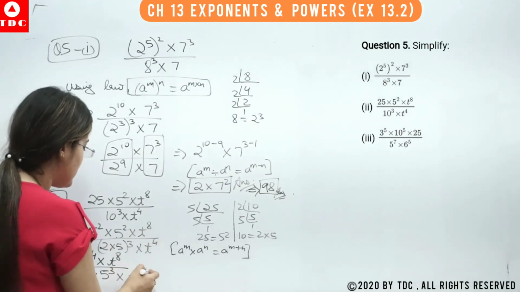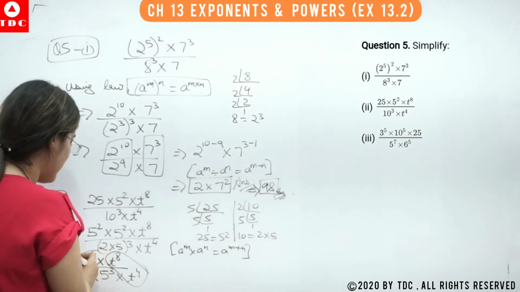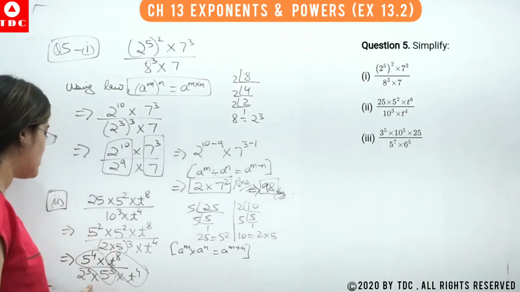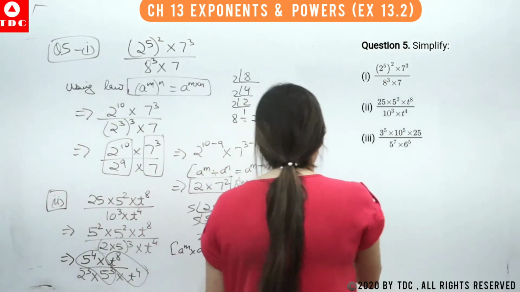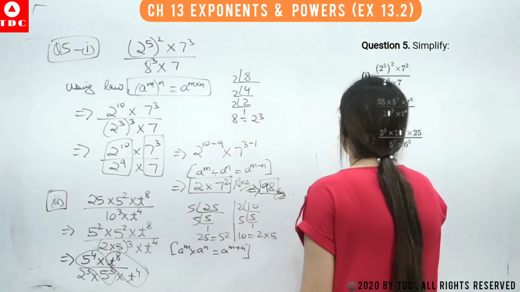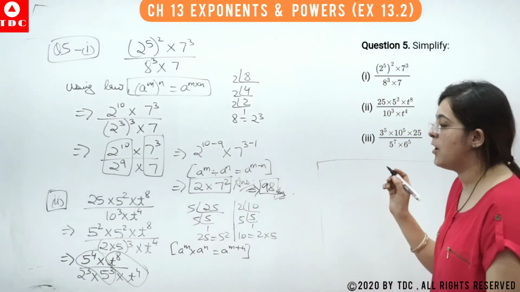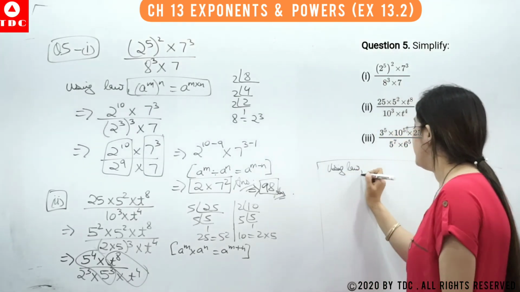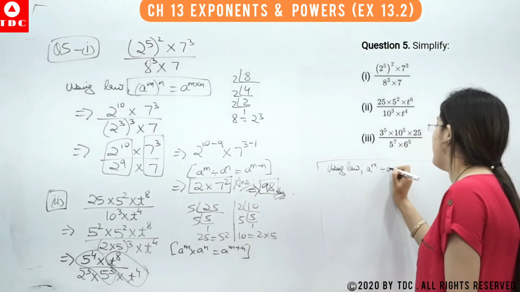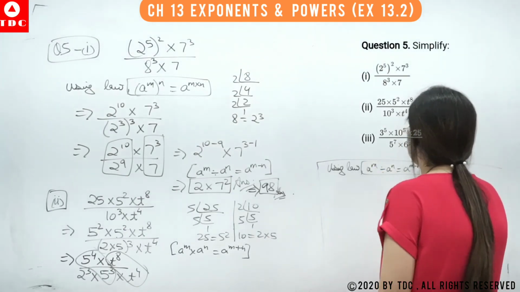Now see students, this t could be solved in division and this 5 could be solved. This 2 is not having other variables, so we will write it as it is. How will we solve it? Using the law a to the power m divided by a to the power n gives a to the power m minus n.